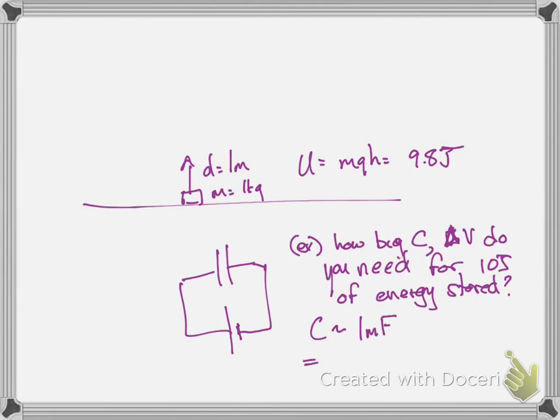So therefore, how much potential difference would we need? Well, if U is equal to 1/2 C delta V squared, therefore delta V is the square root of 2U over C, solving for delta V and plugging in the numbers.